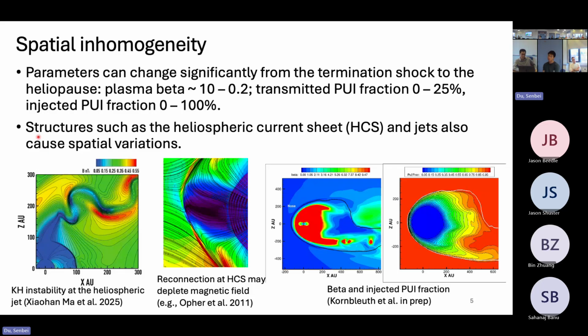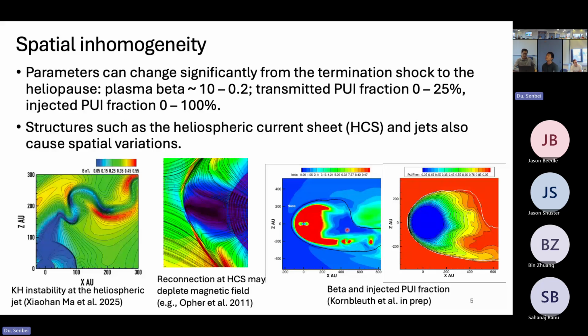For example, here in the third panel, these are some global heliosphere simulations, and you can see the plasma beta is changing from about 10 near the termination shock to maybe 0.2 in the tail region.